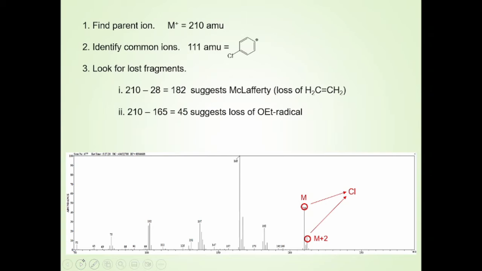If you average that together, you get the 35.5. When you look at your molecule and you try to add up the molecular weight by adding up the masses of each of the atoms, you'll get a mass of actually 210.5, not 210 exactly, but that's because we're looking at an average mass, not single molecule masses.